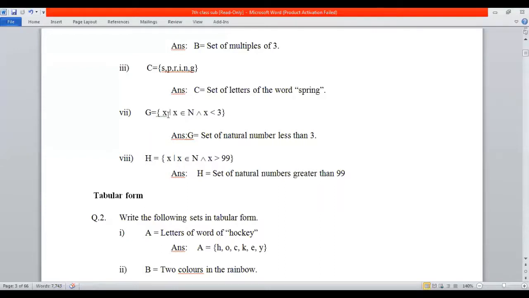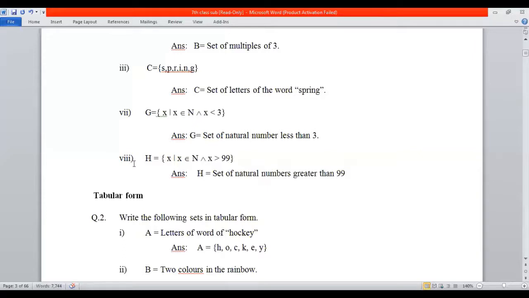X is used for members, the elements that belong to this set of natural numbers. This capital N represents the set of natural numbers, and these elements X are less than 3. So how can we write it in descriptive form? We give the same name, and in descriptive form we write it: set of natural numbers less than 3.